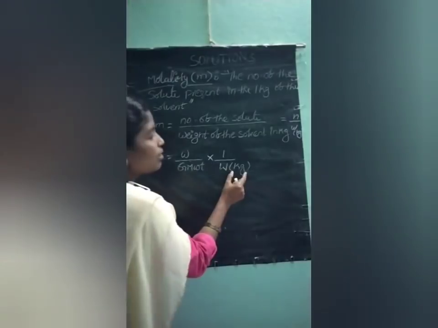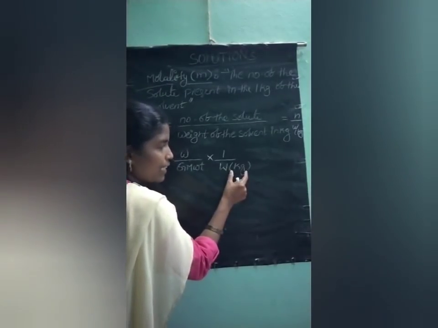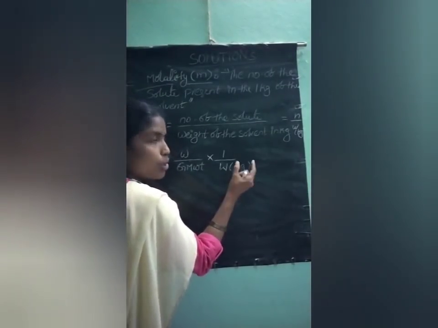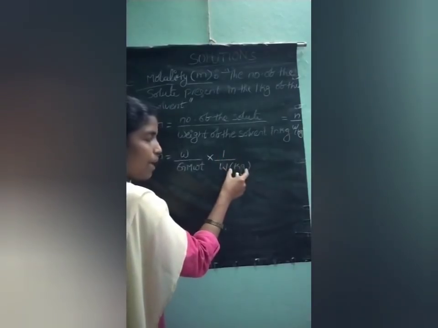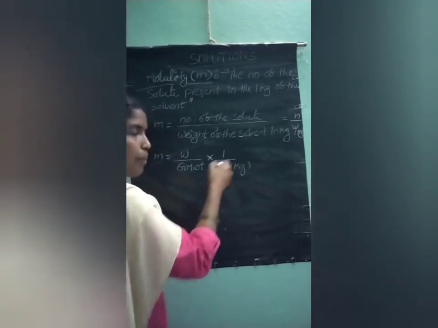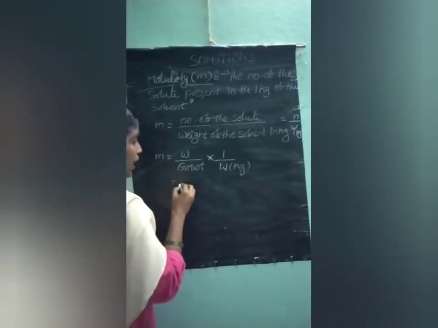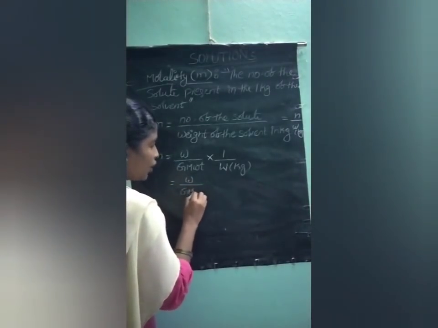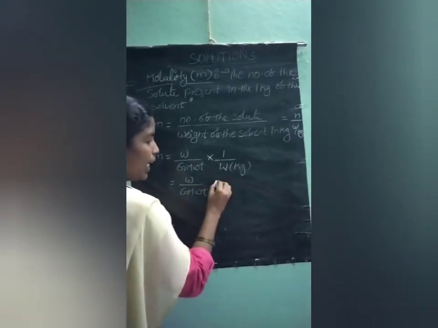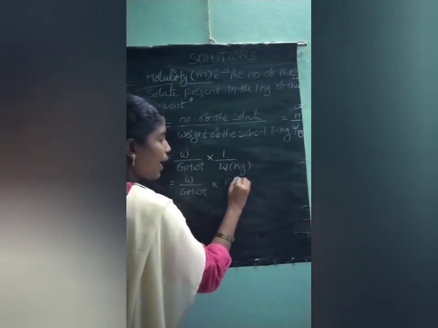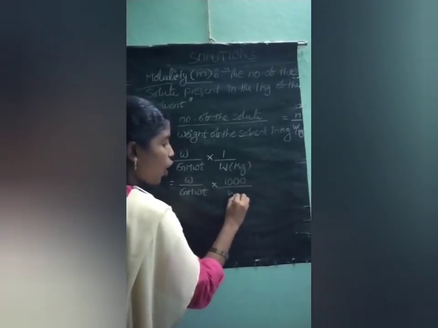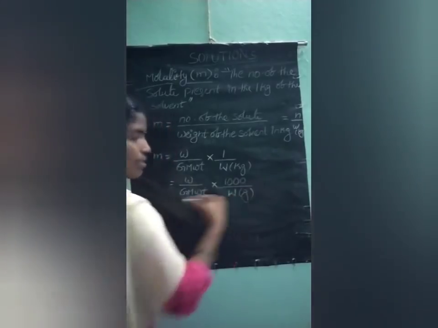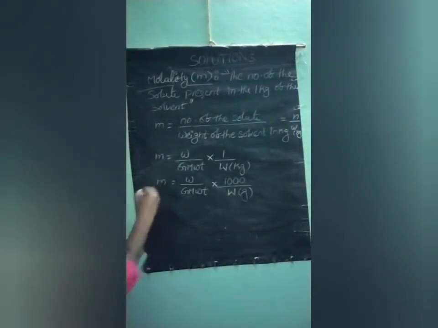Here the weight of the solvent in kilograms changes to grams by multiplying by 1000. So weight of the solute by gram molecular weight of the solute into 1000 by weight of the solvent in grams. This is another formula for molality.